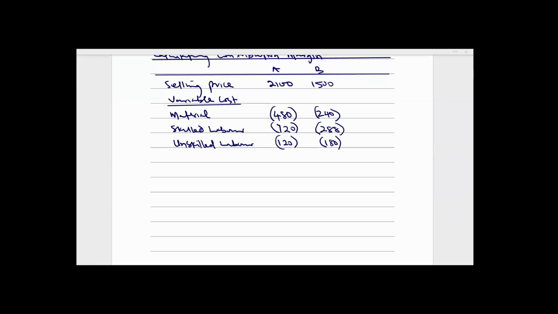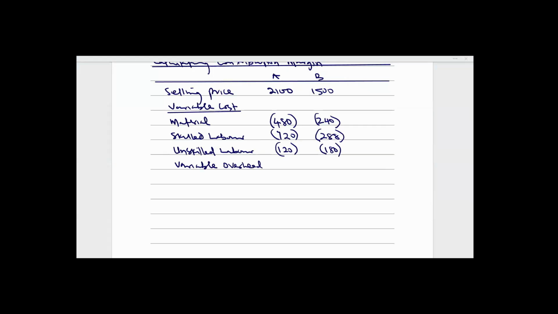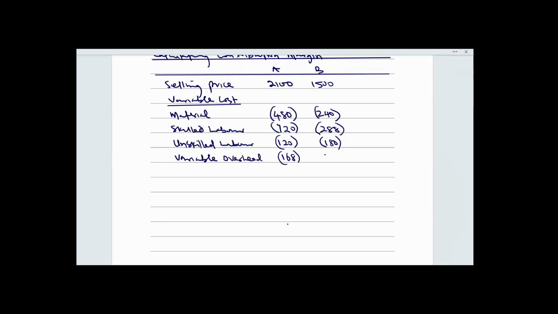Variable overhead: 168, 336. So these are all the costs given in the question.